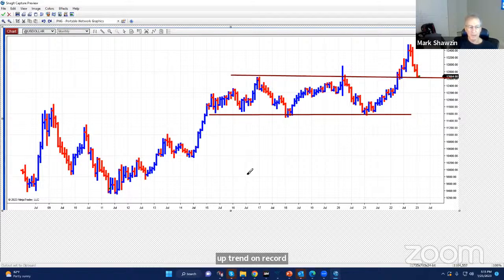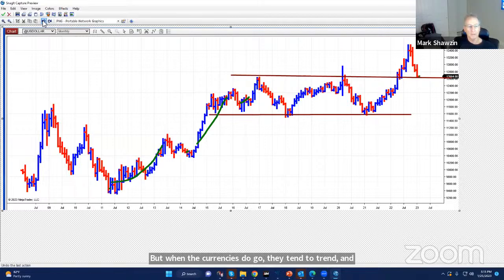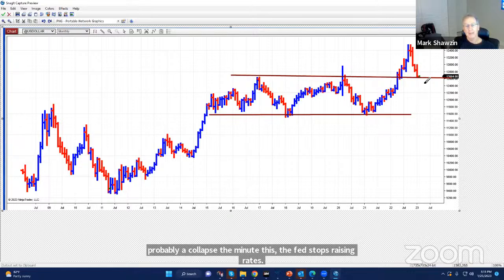But when the currencies do go, they tend to trend. And I think that we are setting up for a reversal and probably a collapse. The minute the Fed stops raising rates, this thing will collapse. And I think that's what's happening.